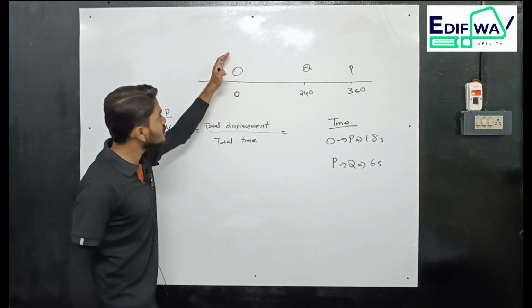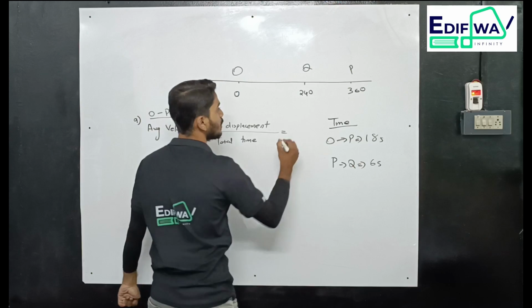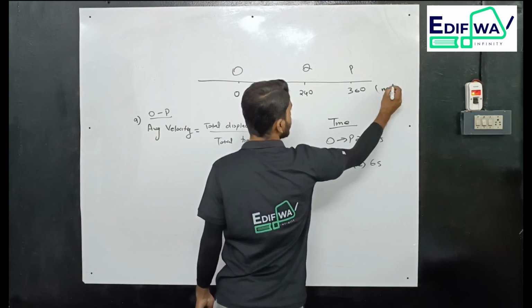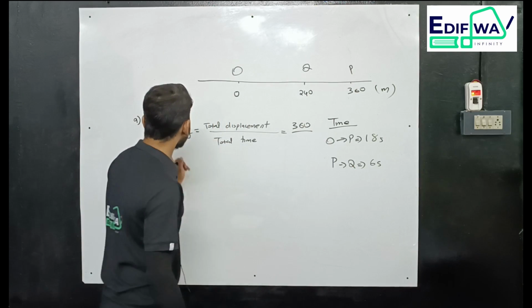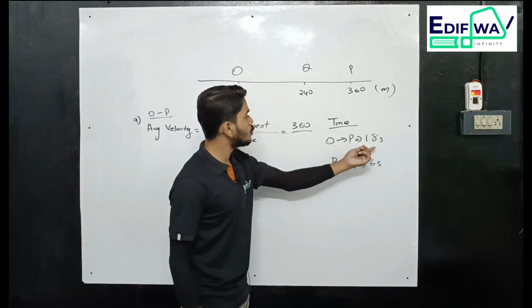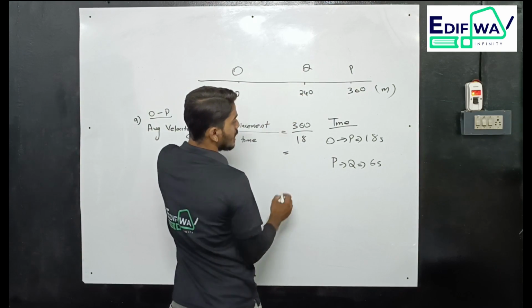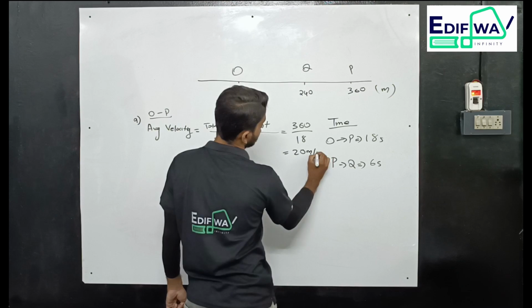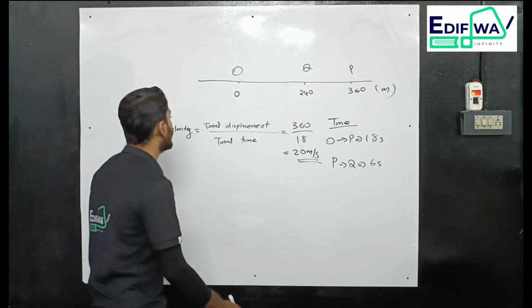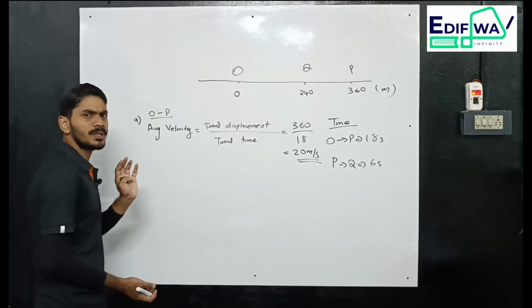What about the displacement from O to P? The displacement is 360. Let's assume this is in meters. So that is 360 by the time taken from O to P, which is 18. 36 by 18 is 2, so that is 20, right? So 20 meter per second is your answer of average velocity from O to P. It's a very simple question.